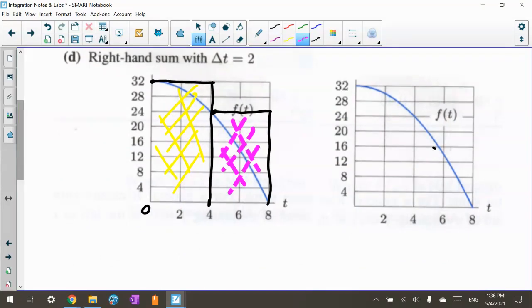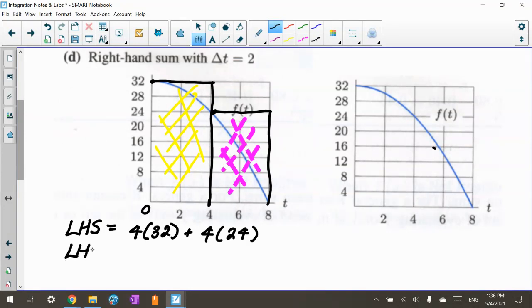So you can write my left-hand sum as a width of 4 times the height of 32, plus another width of 4 times the height of 24. You also can write it another way.